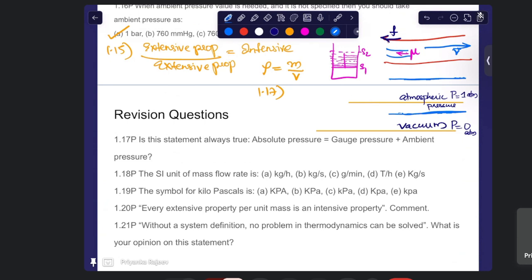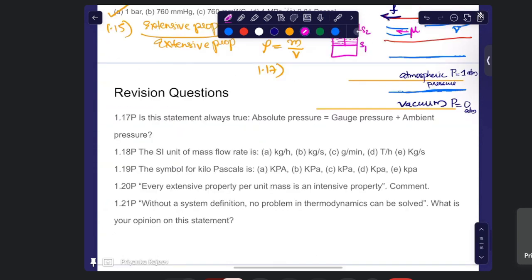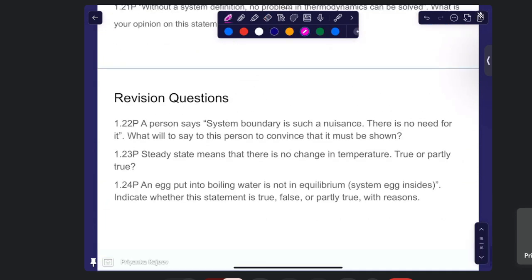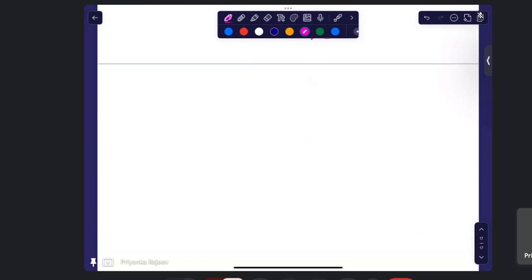I'll draw it somewhere else. One second. Only the diagram I'll do. So you have atmospheric pressure, vacuum, and two intermediate points.